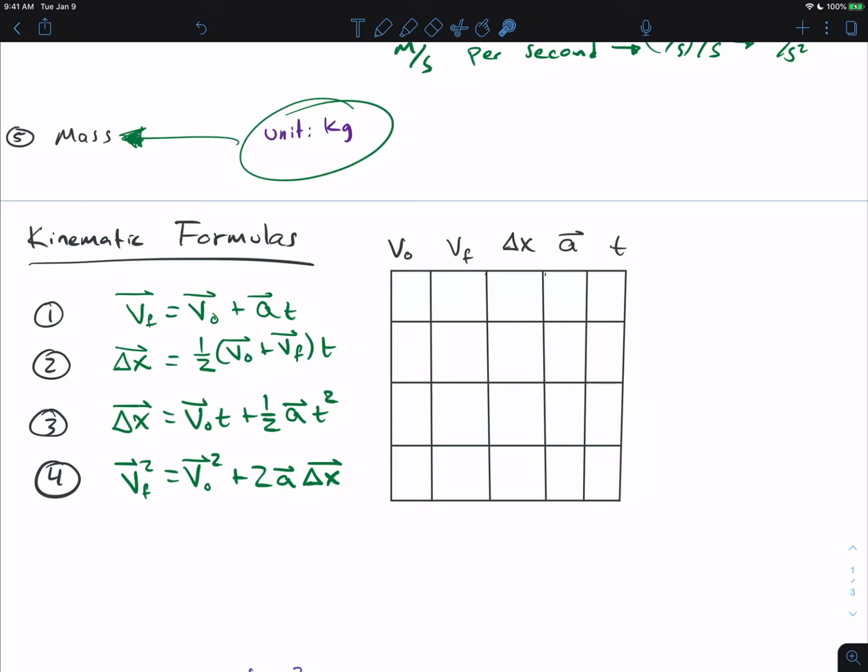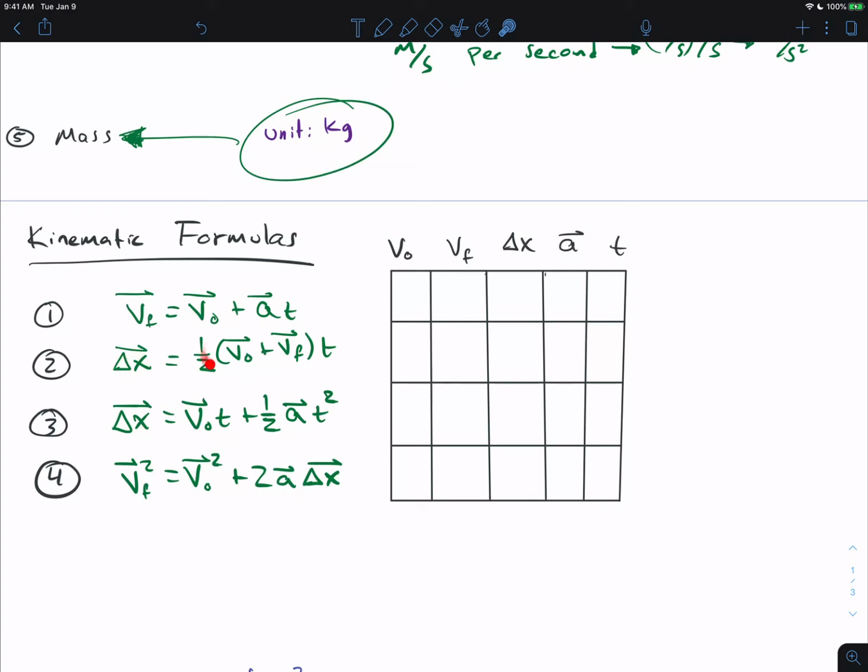So, for example, if you kind of look through these, they're all a little bit simple and straightforward. Let's say I start at a certain velocity and then I accelerate for a certain number of seconds. That can tell me my new velocity, right? So that'll be something like this first formula right here. This second one is just my total displacement.